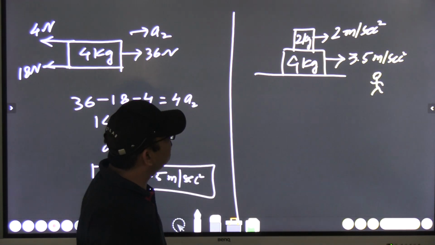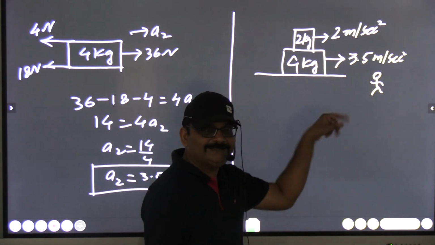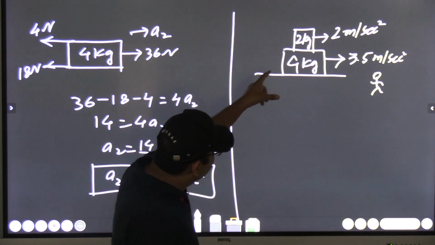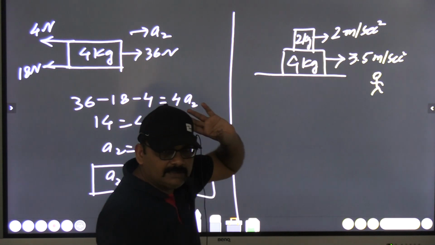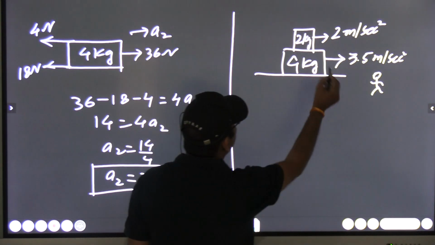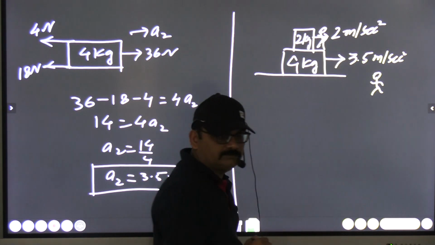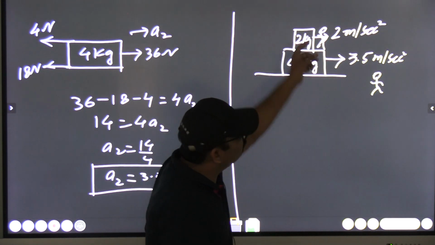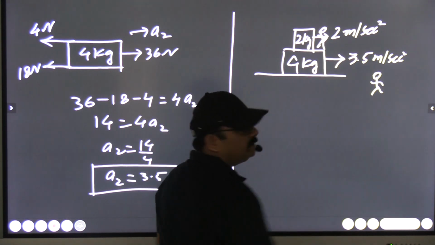This means the acceleration of the upper body in rightward direction is lesser than the acceleration of the lower body in the same direction. So with respect to this body, the upper body is accelerated comparatively at a slower rate, right? Suppose someone is standing here on the lower body, not you. What is the acceleration of the upper body for this person?